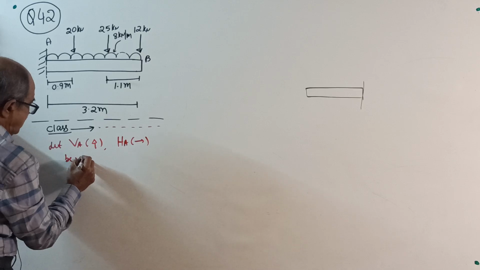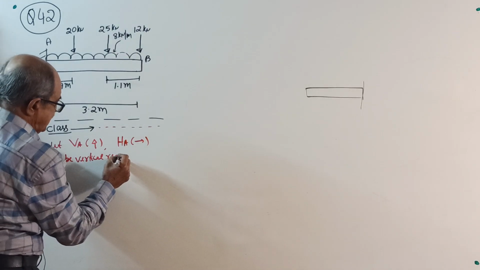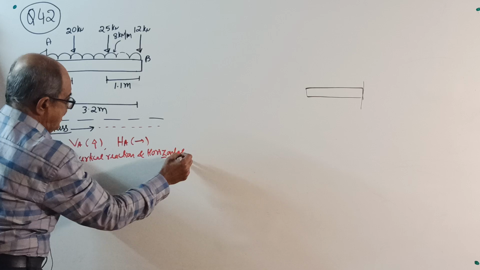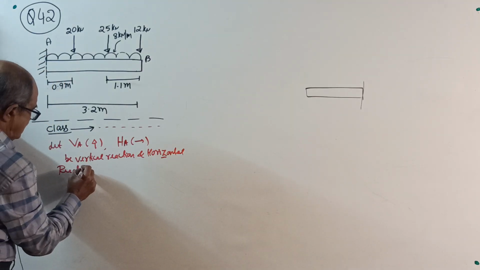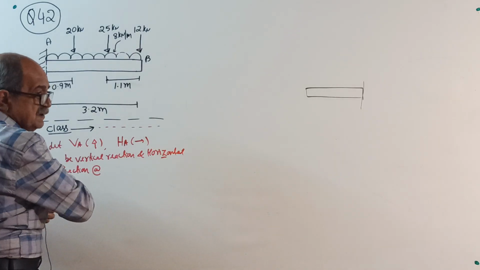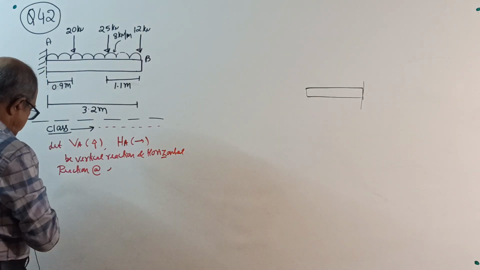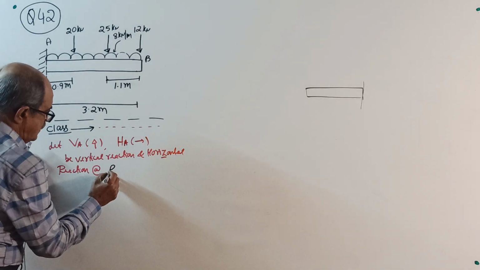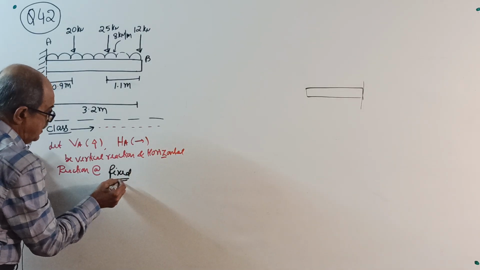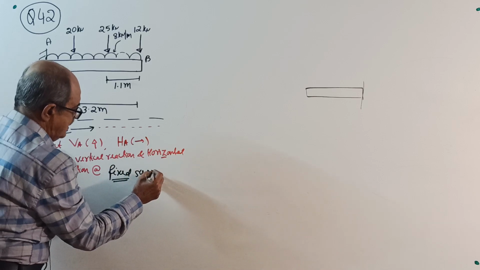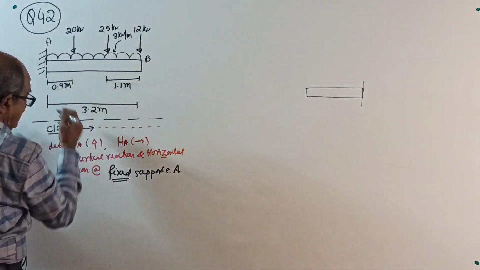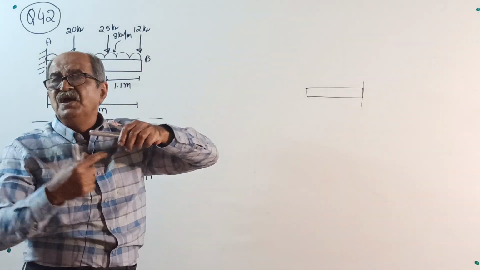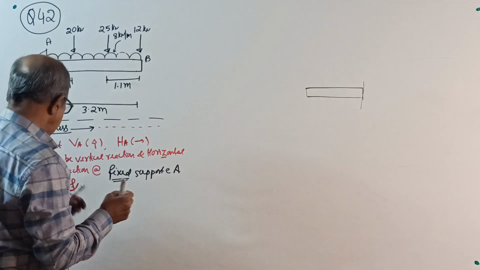B, vertical reaction and horizontal reaction at the fixed support at A. I told that reaction comes at the fixed support at A, as I have taken the point as A. And very important, the fixed support will have vertical reaction, horizontal reaction, and also reacting moment, MA.